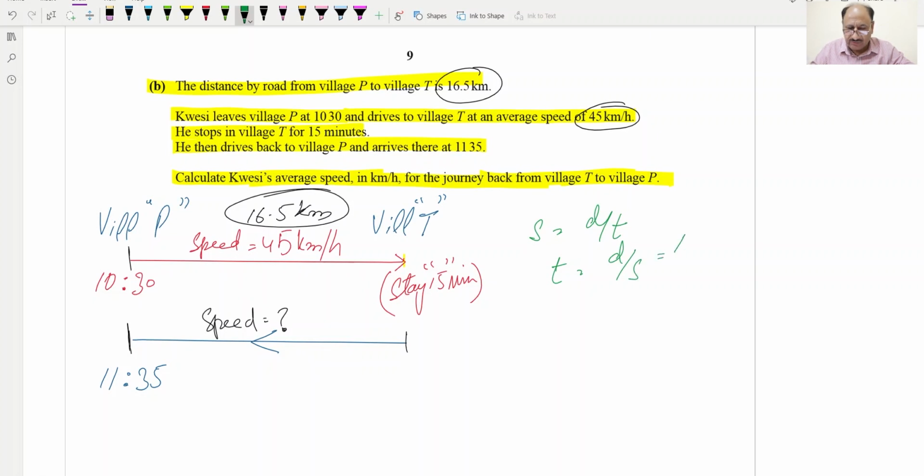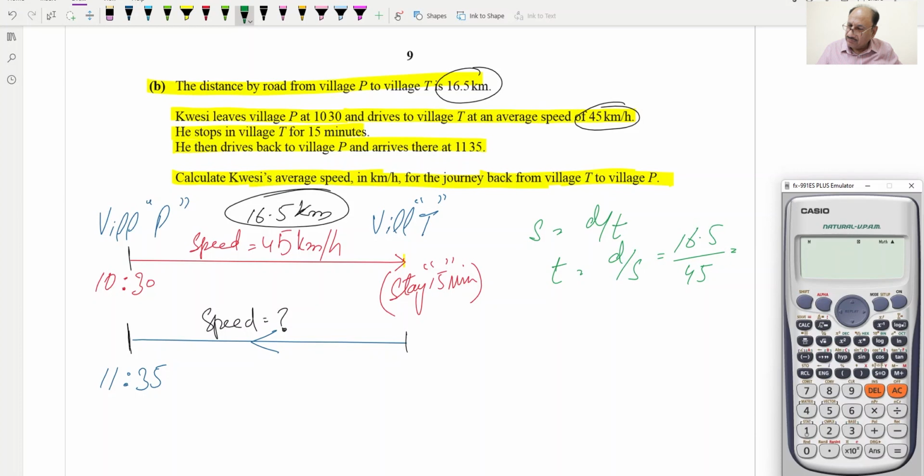We are calculating for the first part for this one, and then we'll calculate for the second one. So 16.5 divided by the speed, which is 45, and this will give us time. 16.5 divided by 45 is equal to 0.36.